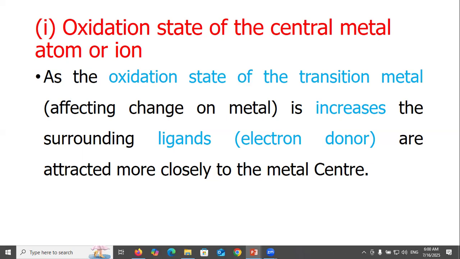Oxidation state of transition metals is increased, that is, the number of positive charge increases. The ligands surrounding, that is the electron donors, feel the nuclear charge, so they are attracted more closely to the metal center.